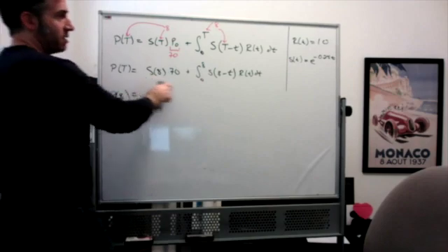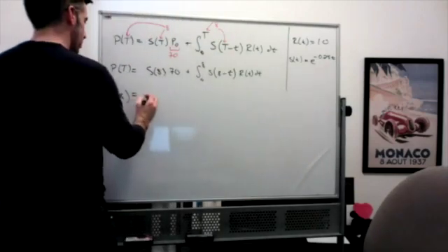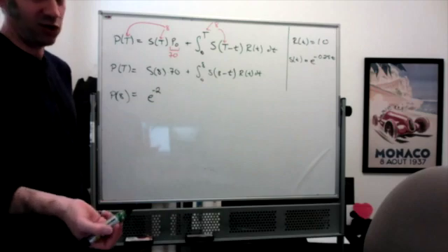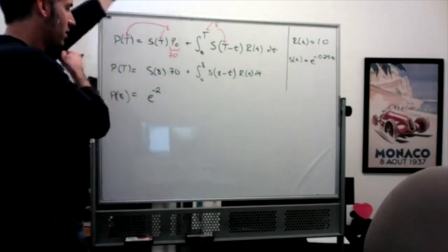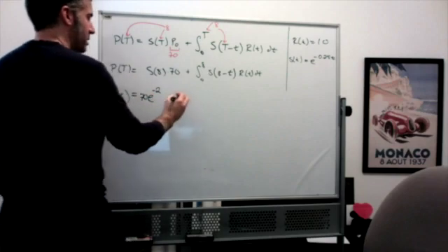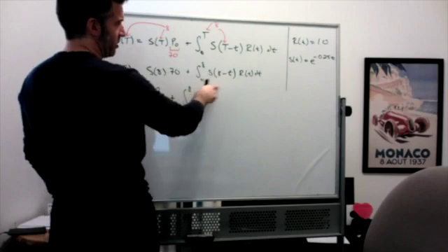So S of 8 is going to be e to the negative 0.25 times 8, which is e to the negative 2, right? Negative 0.25 is negative a quarter, times 8 is negative 2, times 70, plus the integral from 0 to 8. So S of 8 minus t, this is the part I have to be a little more careful on.